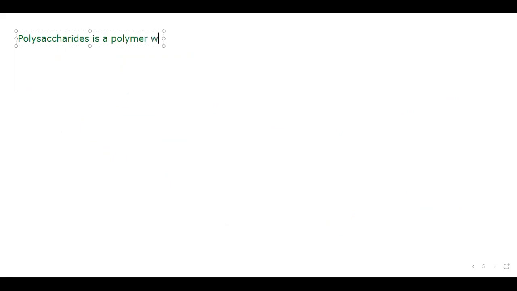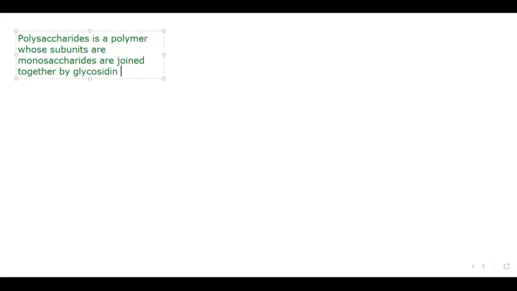So it's a polymer whose subunits are monosaccharides, and the bond is the same. The bond is the same because it's a carbohydrate, right? Whose monosaccharides are joined together by glycosidic bonds. Right? That is what a polysaccharide actually is.